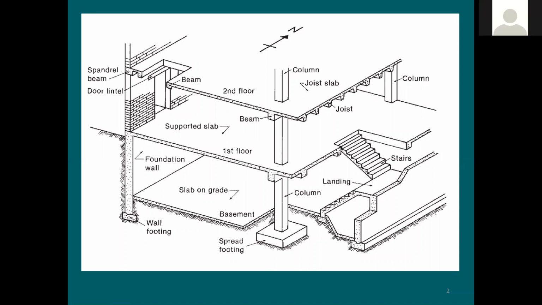It's attached to the column because right where the column and spread footing are, there looks to be another beam. So the question is, when I design the first floor slab, do you think any of the top level is gonna be supported by the first floor slab?